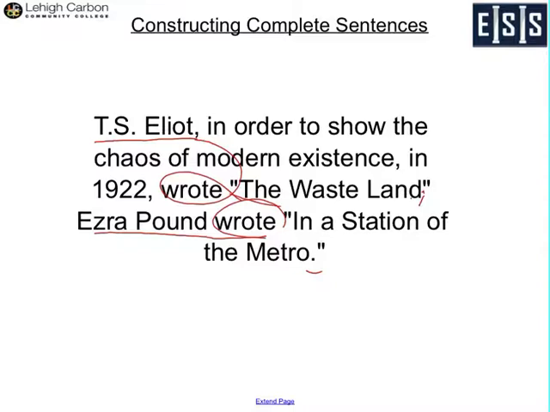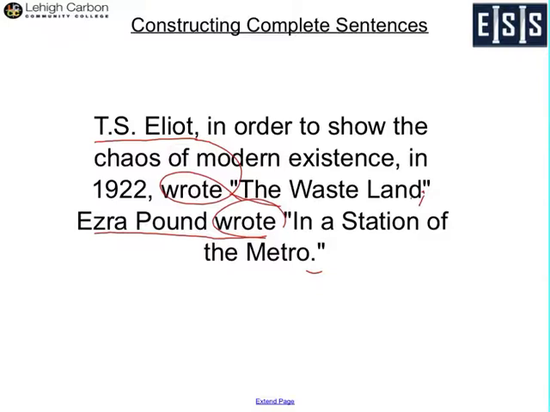A semicolon is kind of like a hybrid. It's kind of like the joining of the comma and the period. It's someplace in between. It shows that the two ideas, the two different clauses that you're working with, are connected, but they have just enough of a break in between them to indicate that they are two separate thoughts still that could stand on their own.